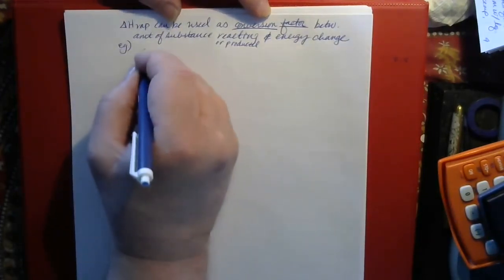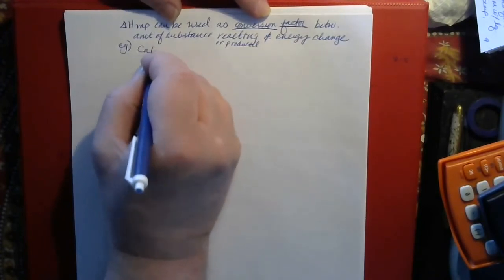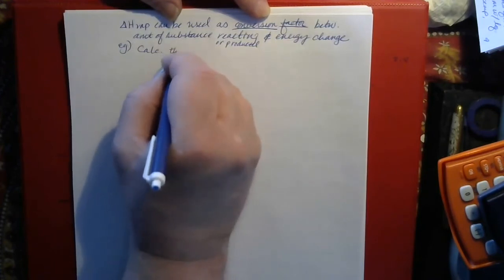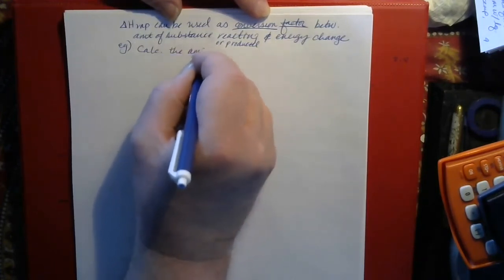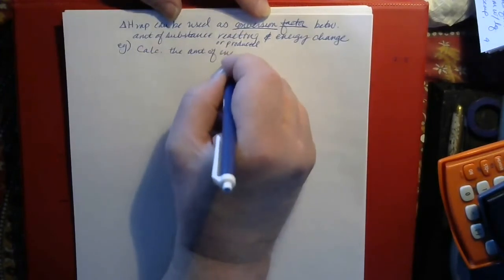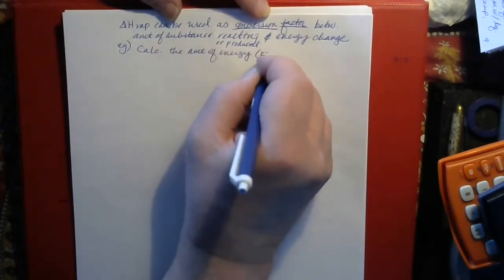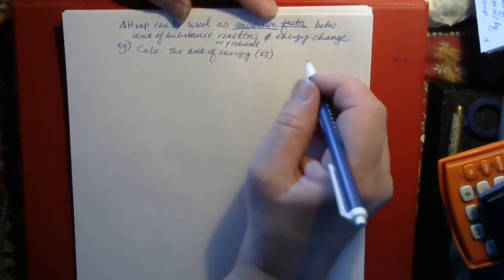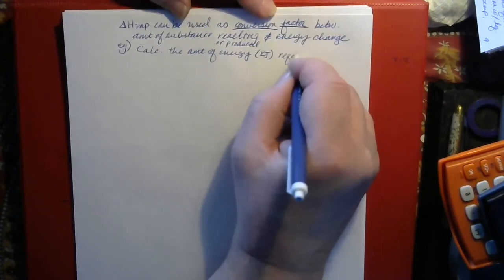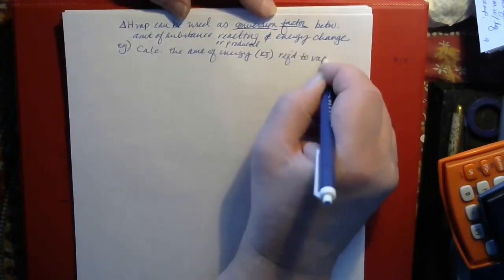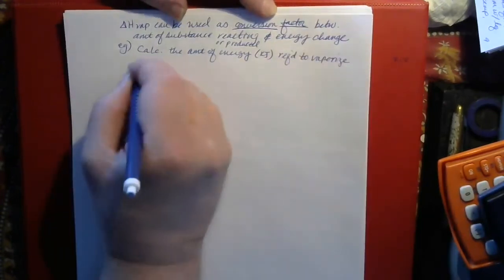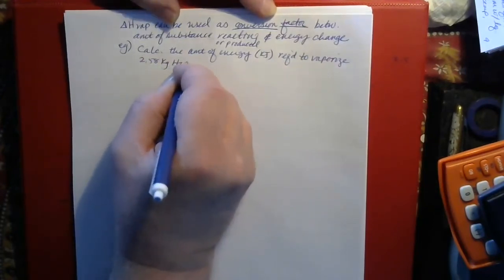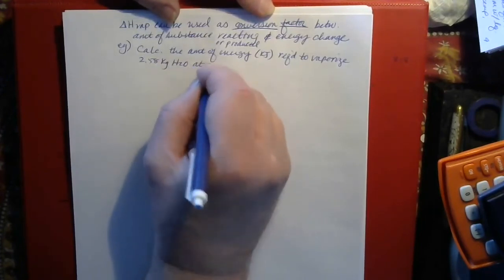So an example of that could be, for instance, calculate the amount of energy in kilojoules required to vaporize 2.58 kilograms of water at its boiling point.